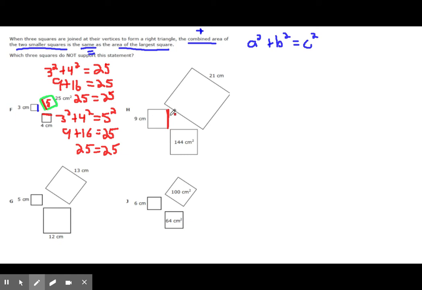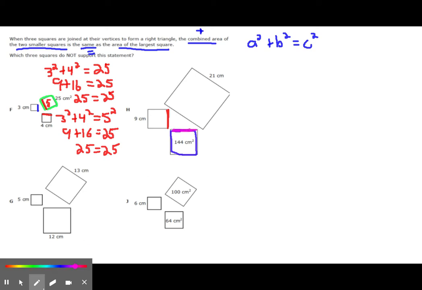It's just single centimeters. However, my medium one is giving me square units. It's saying 144 centimeters squared. So again, it's giving me the whole area. One thing I can do is first find what one of these sides is equal to.